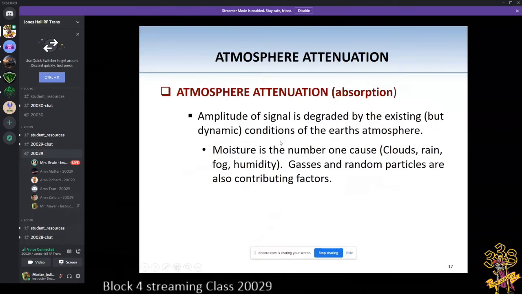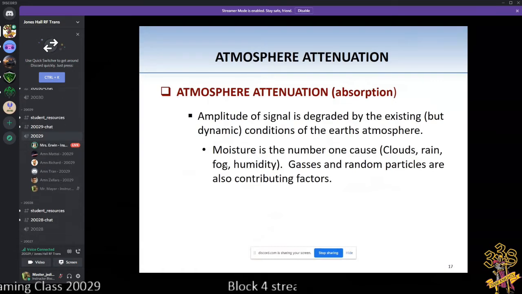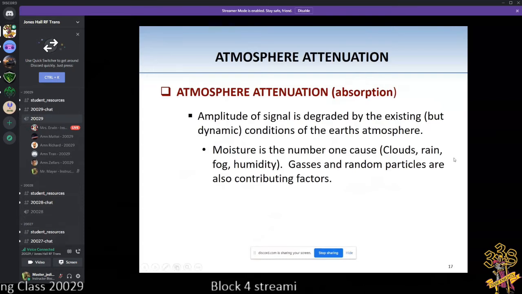Other things that cause that absorption or atmosphere attenuation are the different gases and random particles that are in the atmosphere. Now, I'm sure most of you have been in heavy fog at one point or another, and you know everything sounds different because it gets attenuated by the moisture in the fog.